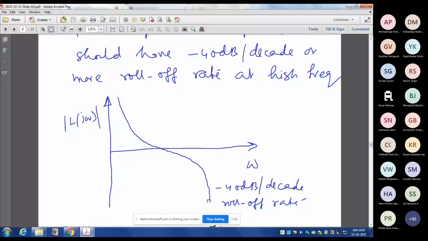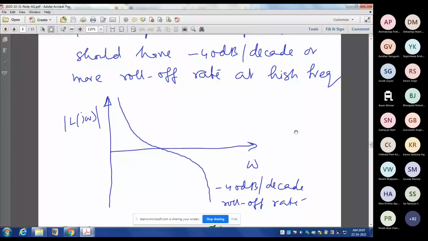Those things we'll discuss slowly, but the loop behavior should be like this for any practical system: high gain at low frequency, and then low gain at high frequency. High gain at low frequency is needed in order to have low sensitivity, because S is 1 by 1 plus L, so L should be high.